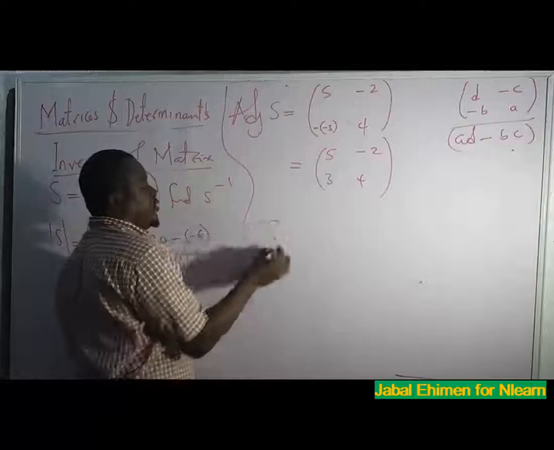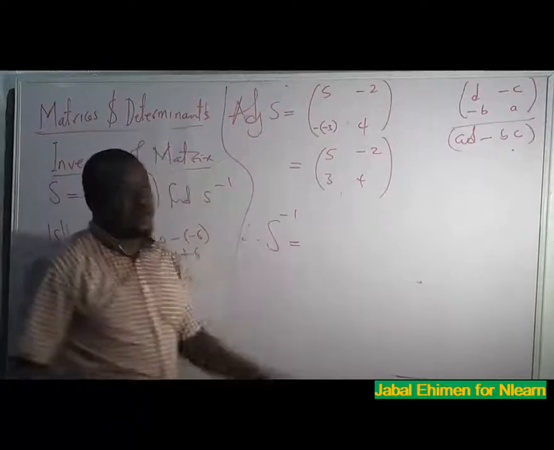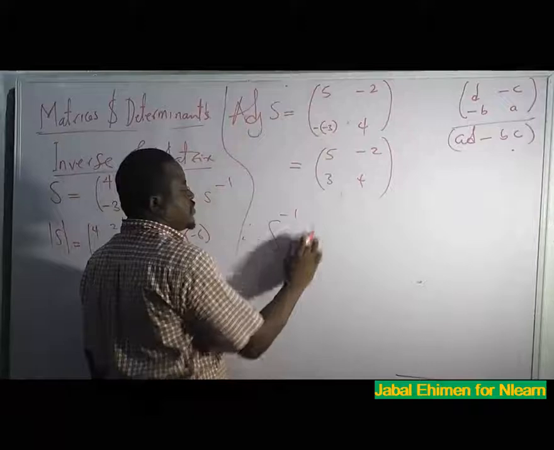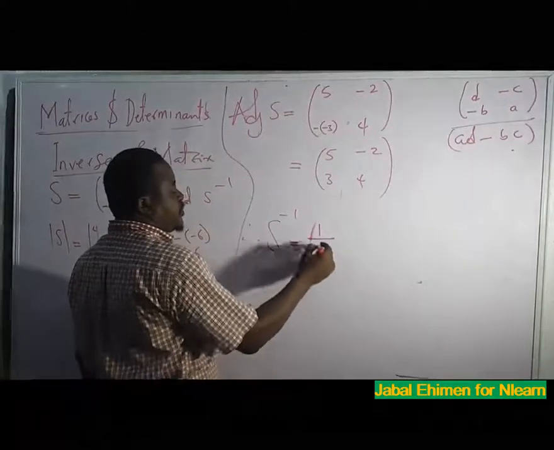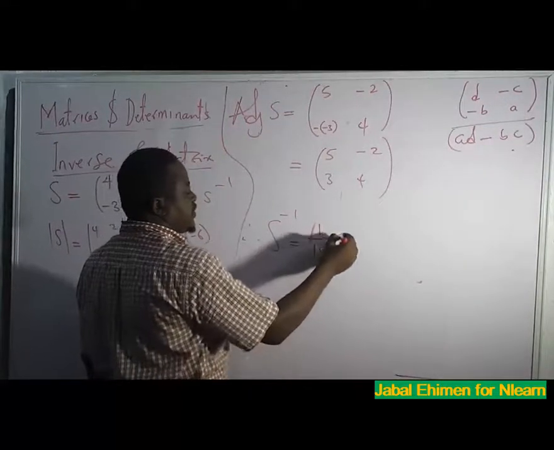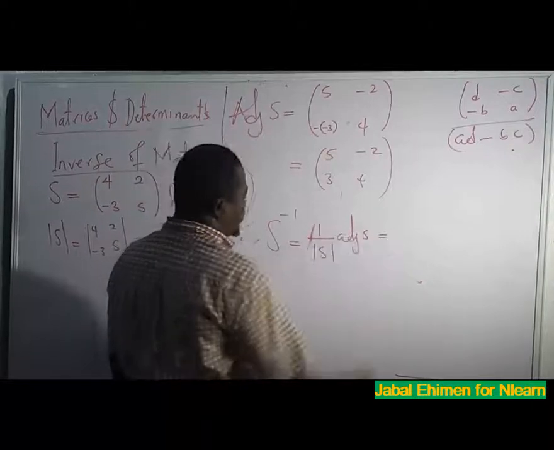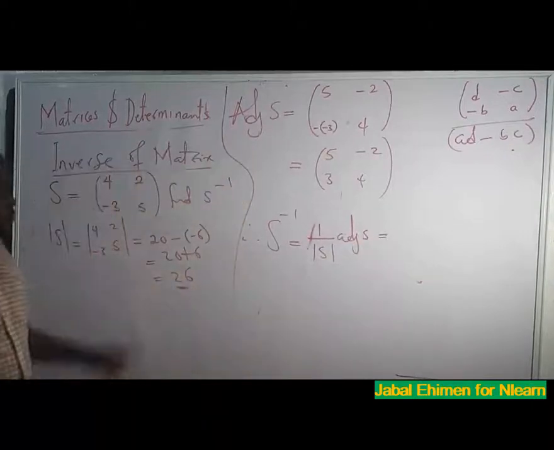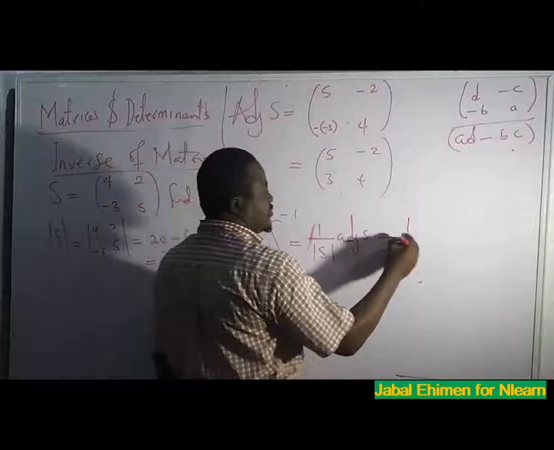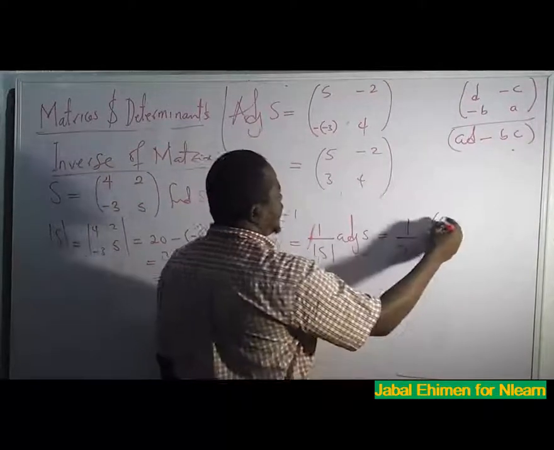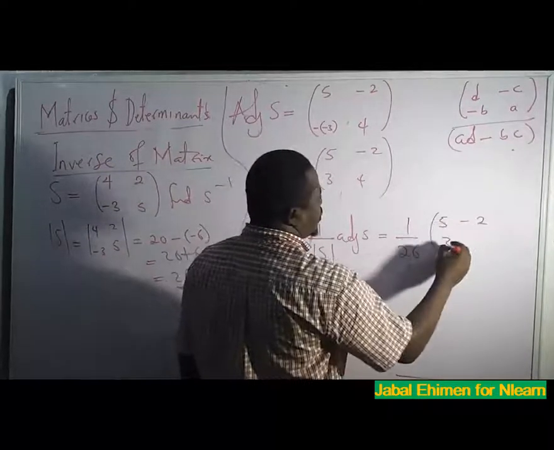So therefore, what is S inverse? It becomes 1 over determinant of S times adjoint of S. And that automatically becomes 1 over 26 times 5, 3, minus 2, 4.